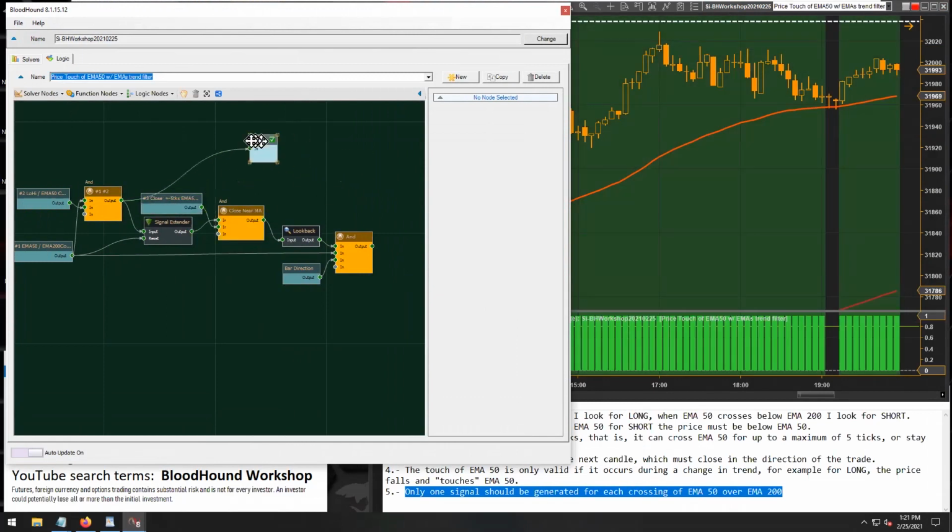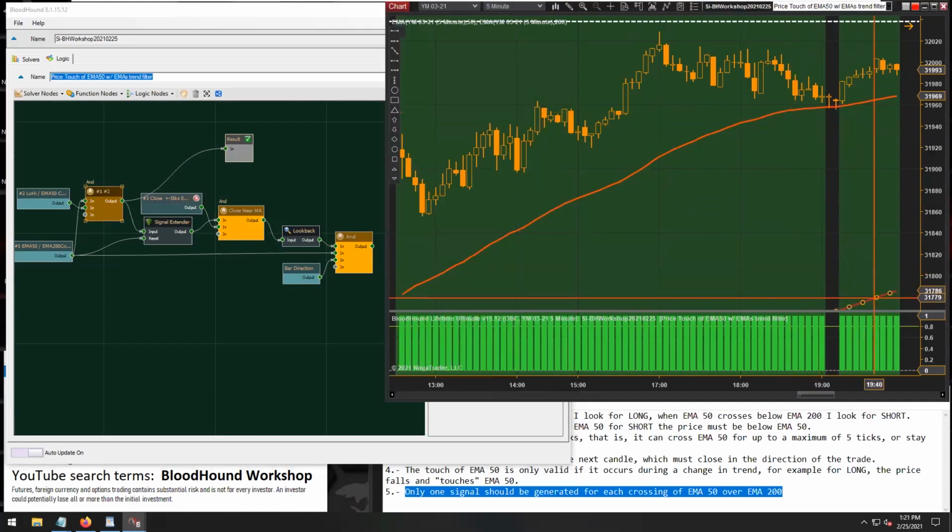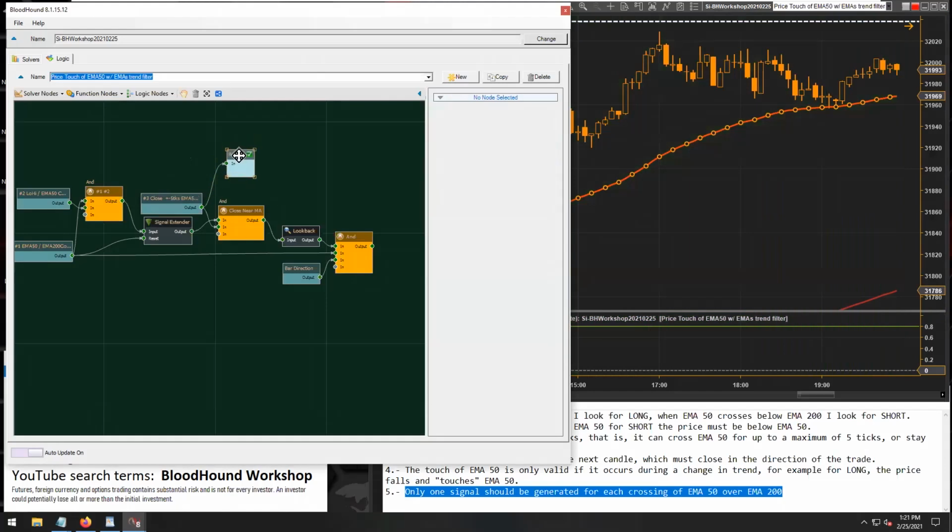What we're looking at is condition number 1 and 2, which is the 50 is above the 200 and the low price is above the 50. And now this third condition, so here's what happened.